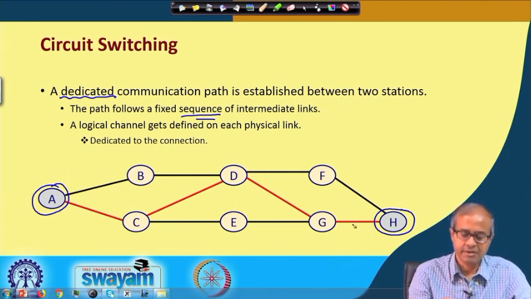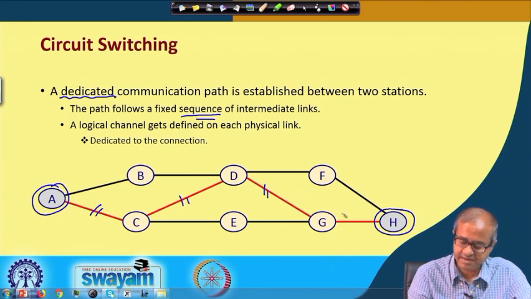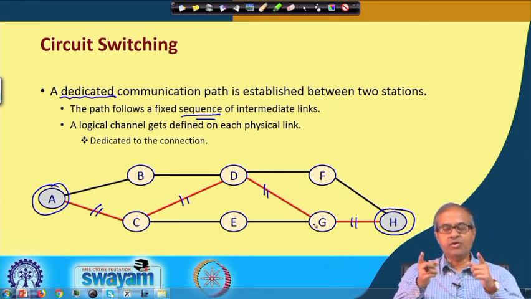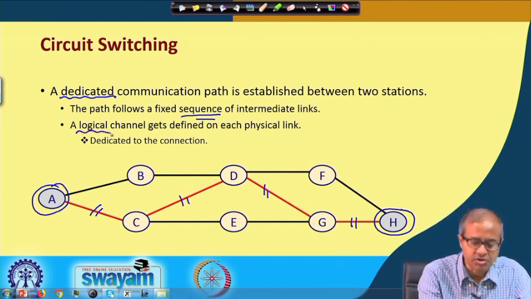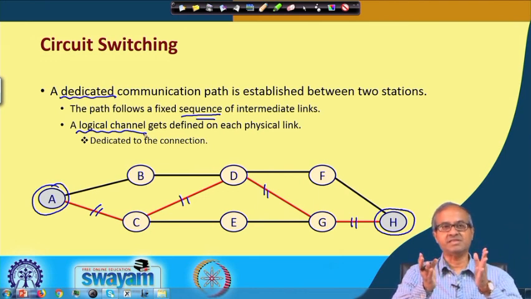Okay. Now, on every physical link, this is a link, this is a link, this is a link and this is a link. There are 4 communication links that exist in between, right. So, over each of these communication links, something called a logical channel gets defined or established.